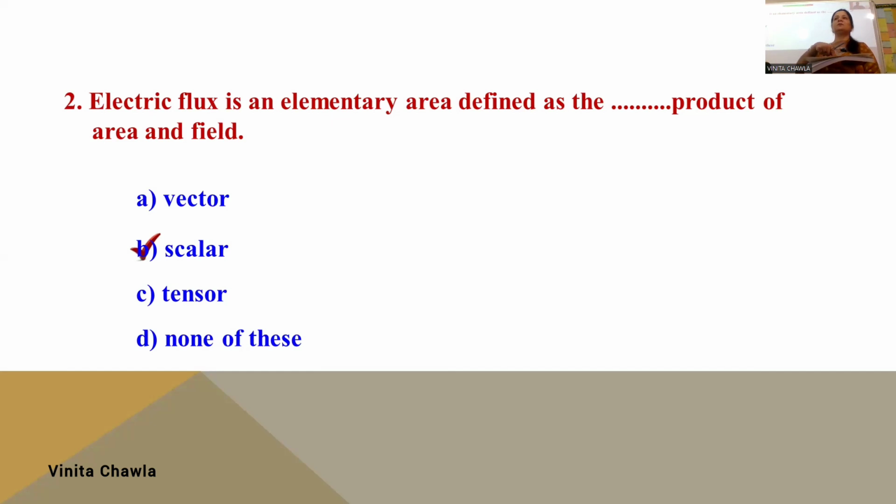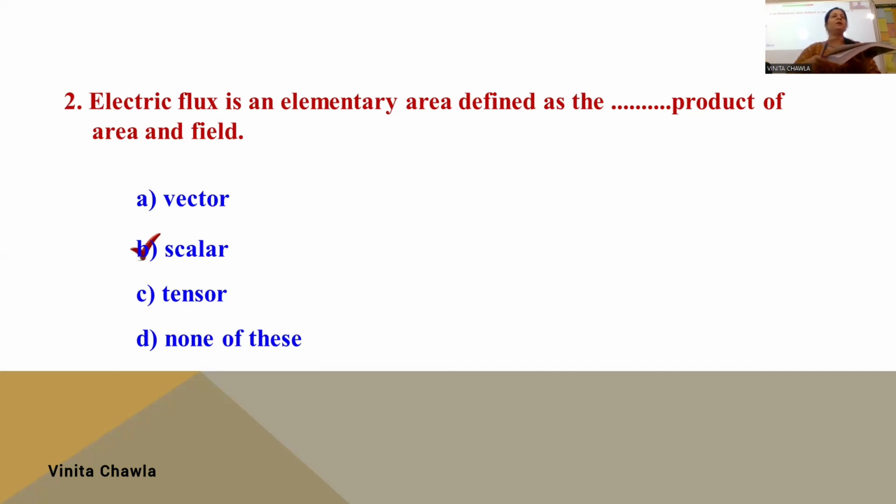The electric field is acting horizontally, and this area vector is acting vertically. So what is the angle between electric field and area vector in this case? 90 degree, and we know that cos 90 is 0. Hence the electric flux is 0.